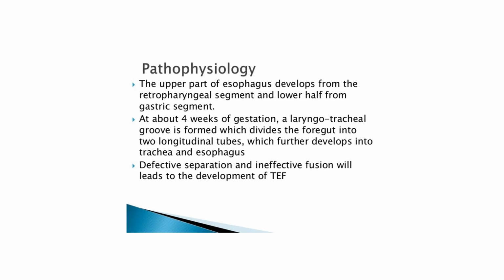During the 4th week of gestational age, a laryngotracheal groove forms, which is responsible for dividing the foregut into two longitudinal tubes, the trachea and esophagus. If there is a defective separation, or due to some condition those two tubes cannot be formed, it will lead to TEF inside the baby's digestive system.